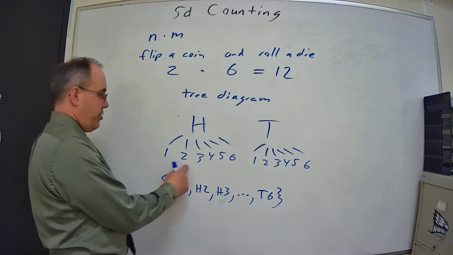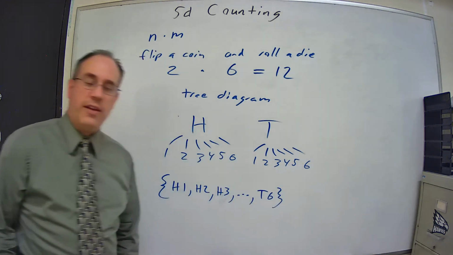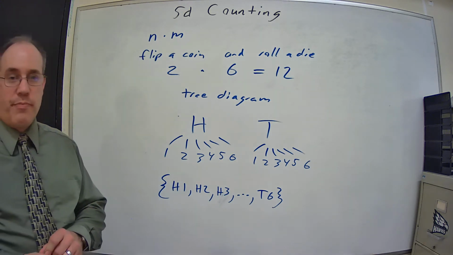And that's 1, 2, 3, 4, 5, 6, 7, 8, 9, 10, 11, 12 possible outcomes.